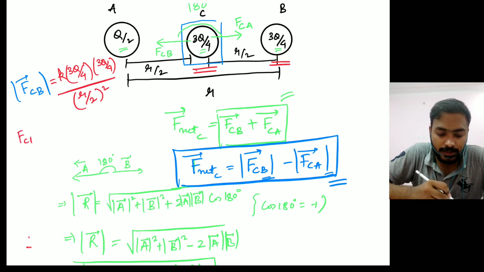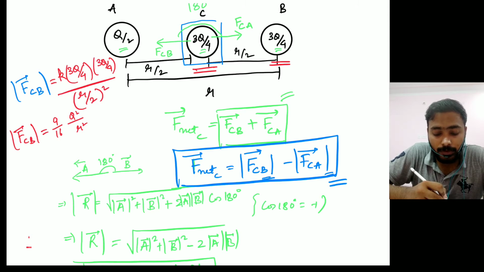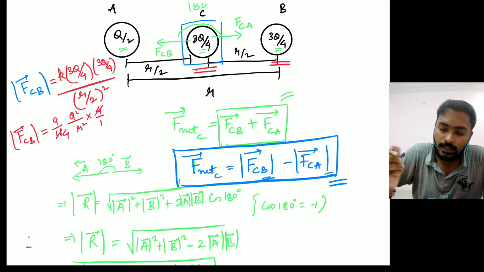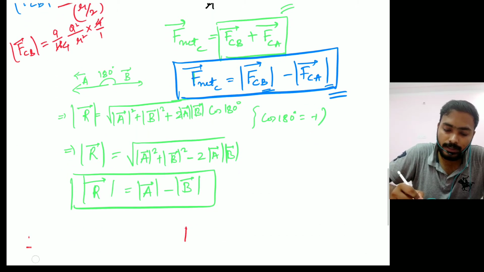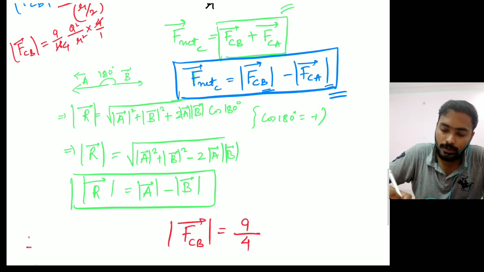FCB in magnitude is equal to 3 3s are 9 and 4 4s are 16, so 9 by 16 q square upon r square upon 4, and that comes out as 4 by 1, so 4 4s are 16. The final FCB will be equal to 9 by 4 k q square upon r square.